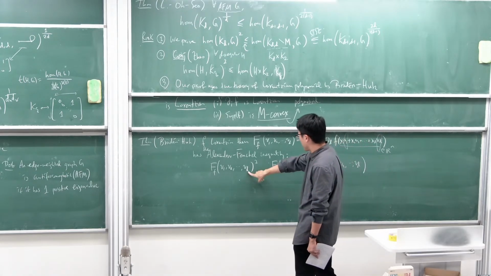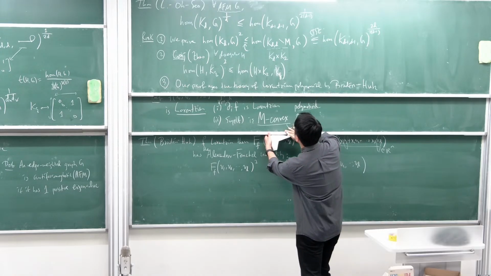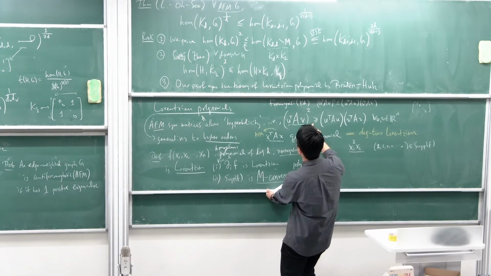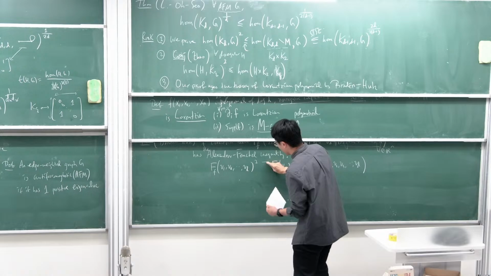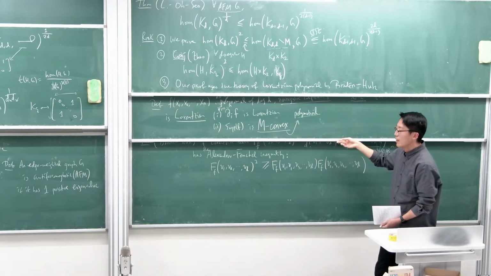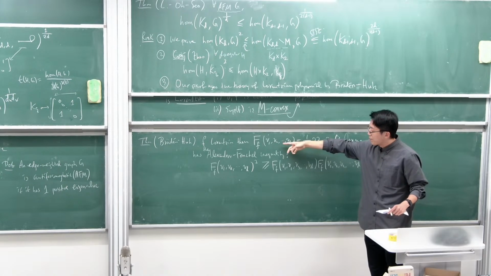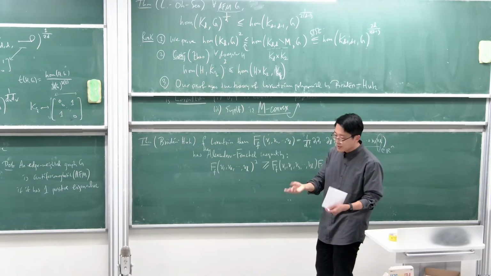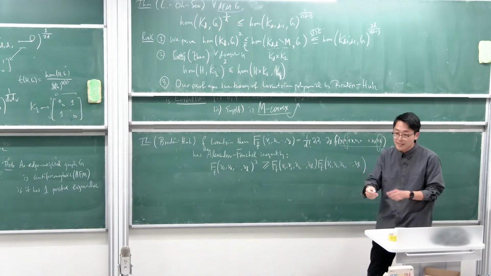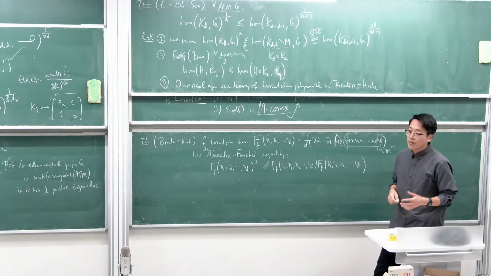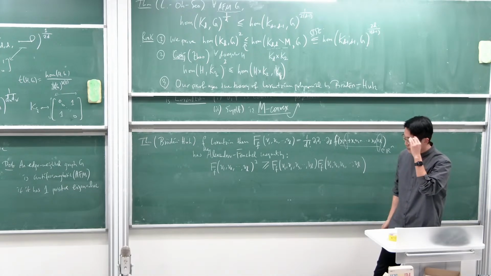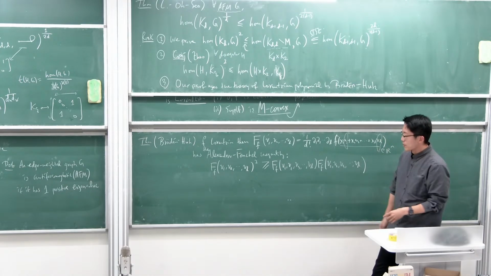If I compare these two, it comes as a generalization of these inequalities here. So when we put this large F sub f as a mixed volume, then it recovers the classical Alexandrov-Fenchel inequality in convex geometry. So this is a consequence.